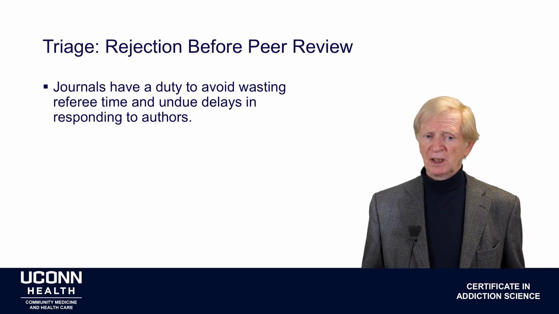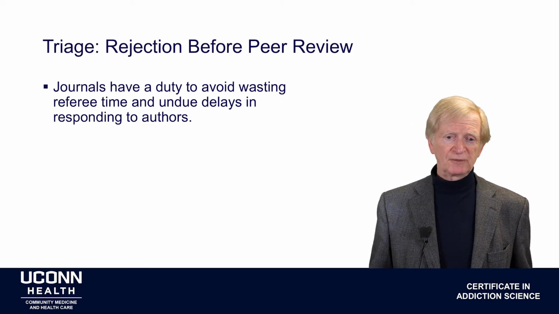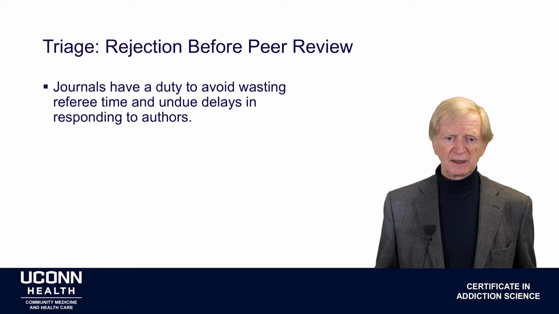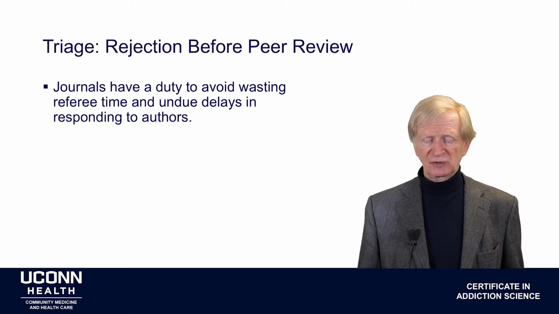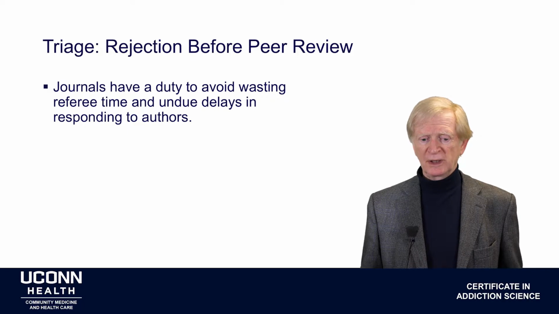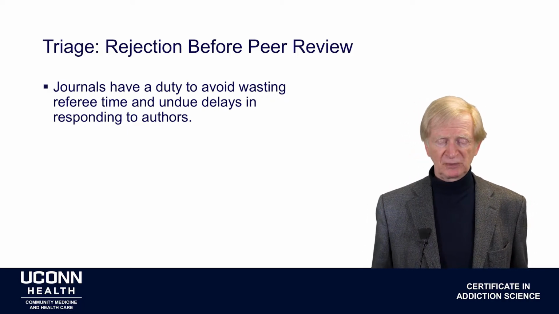So in order not to be triaged, you really need to have a good quality paper that meets the instructions to authors and is considered by the editor as worth reviewing compared to other papers that are typically published in that journal.